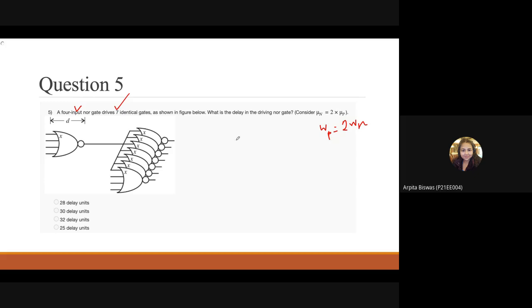And how to find this g, the logic effort? Logic effort is C in by C inverter, this is the formula. We calculate it from the width WN, and all the other parameters are the same. So at first calculate the C inverter.